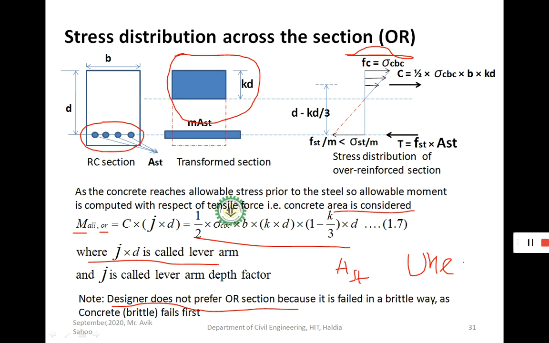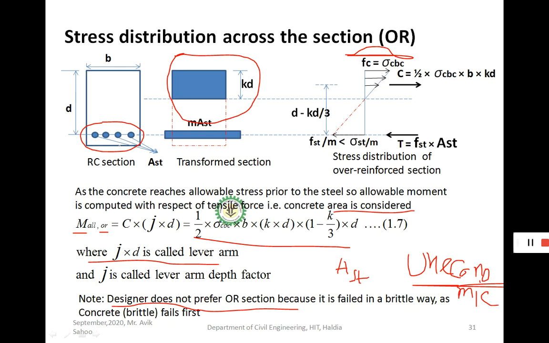Uneconomic means the section is costly compared to an under-reinforced section, because if I compare the price of steel with respect to concrete, then the steel cost is higher than concrete.